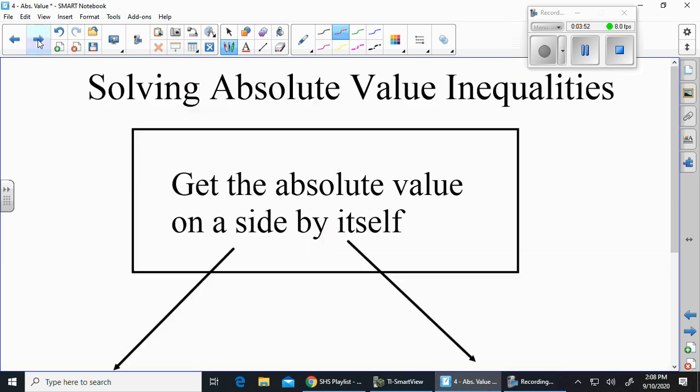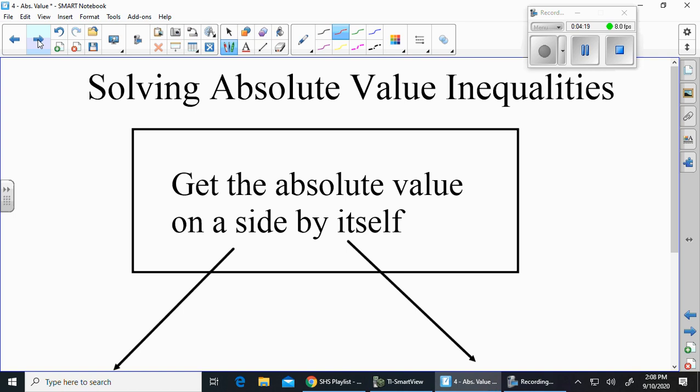So this is really what we want to, again, sort of think of a flow chart. You're solving absolute value inequalities. The first step is always get it on a side by itself. No distributing. If there's a number in front of your bars, you would divide.